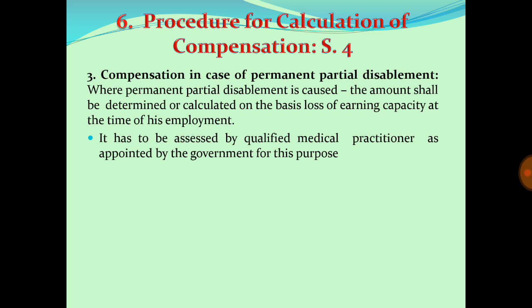So we must consider what was the earning capacity of that workman before the accident, and what is his earning capacity after the accident. On that basis, the qualified medical surgeon will decide the loss of earning capacity, and on that basis the compensation shall be paid to him.